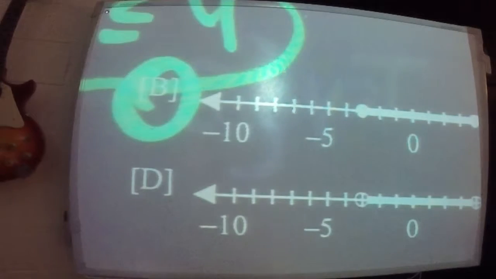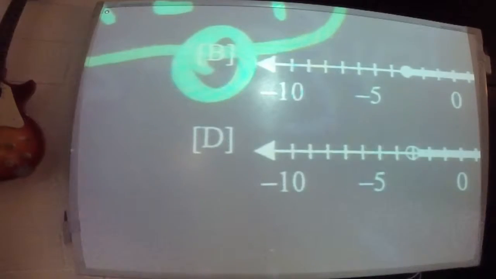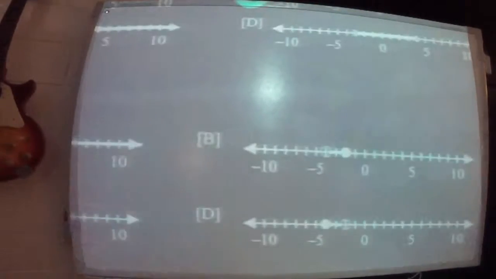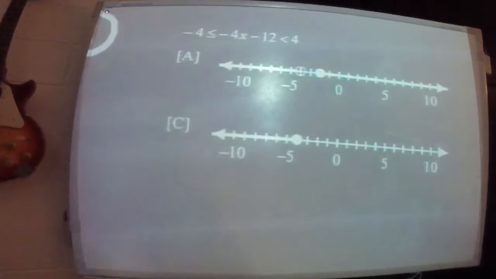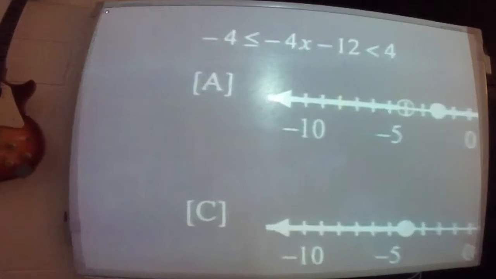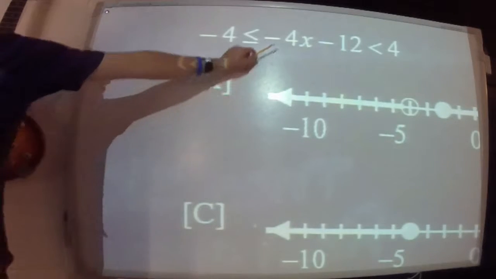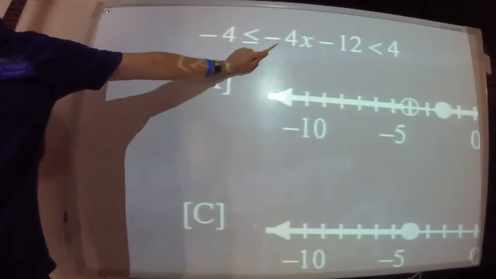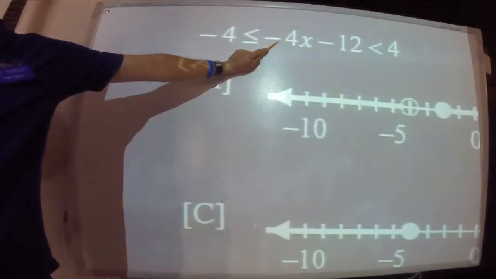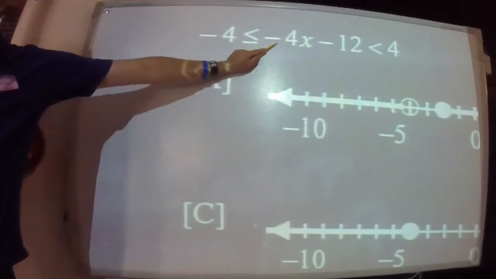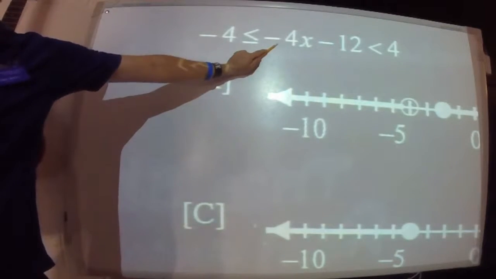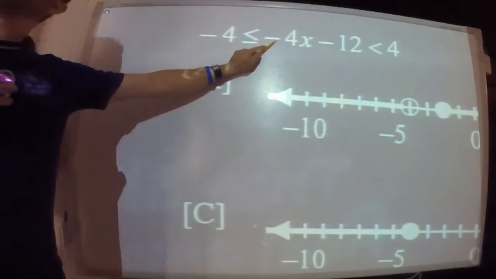Now on this last example, I left a little more room because you're going to have to do a little bit more. You're going to have to add something and divide something. Before I even start, I want to point right here. This is a negative number on your x. That means at some point you're going to have to divide it off. So at some point you're going to have to do what with your signs? Flip them. Keep that in mind.